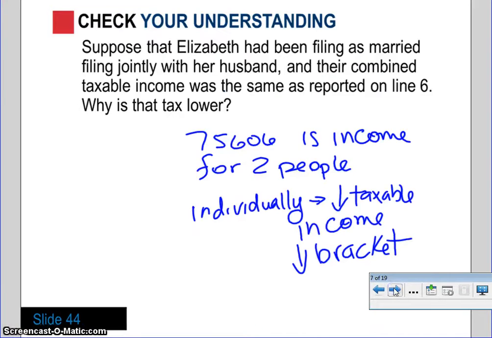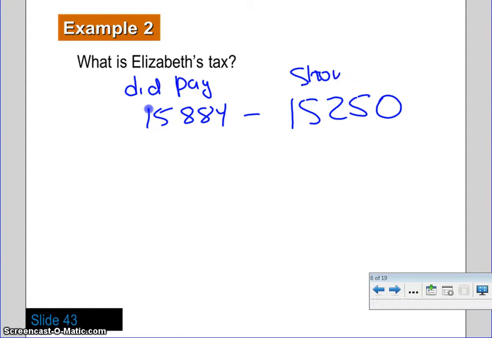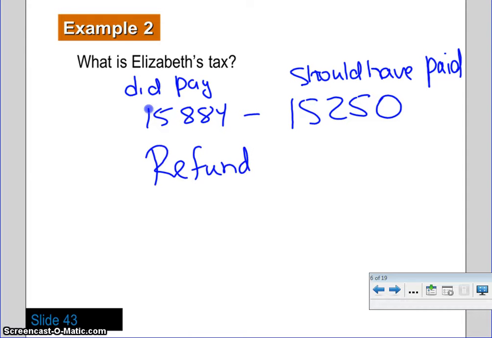So $15,884 subtracted, this is what she did pay, and this is what she should have paid. What she should have paid was lower than what she did pay, so she overpaid, which means she's going to get a refund of the difference between the two, which is $634.